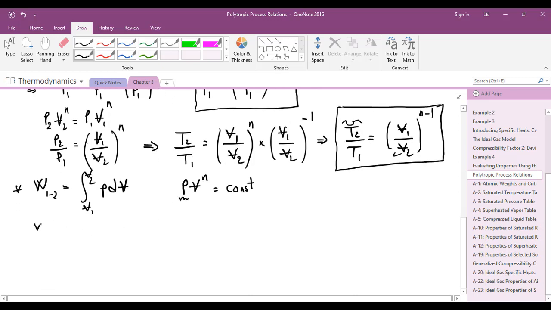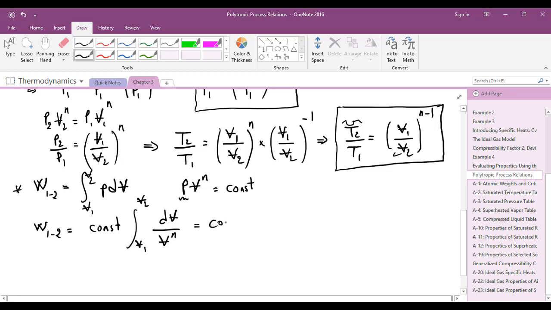So the work from 1 to 2 will be equal to the constant times the integral from V1 to V2 of dV over V to the power n. So P is the constant over V to the power n.